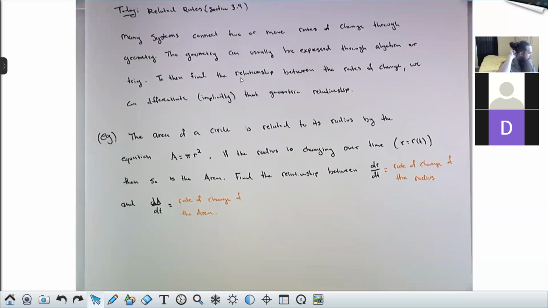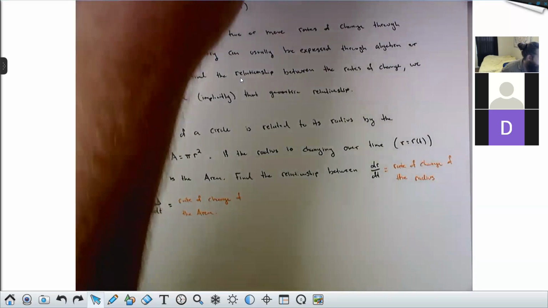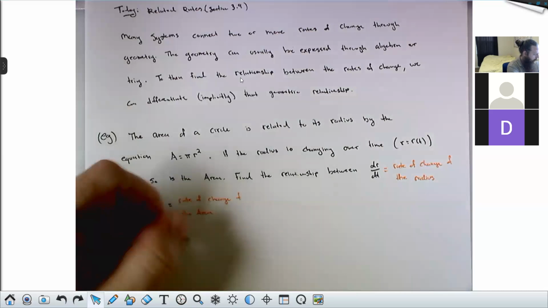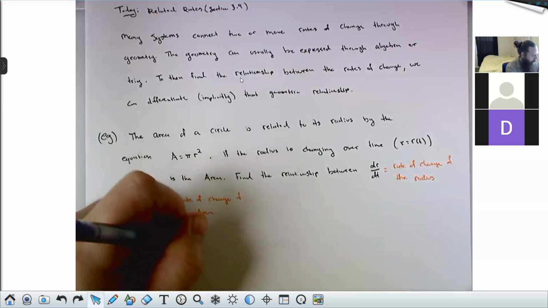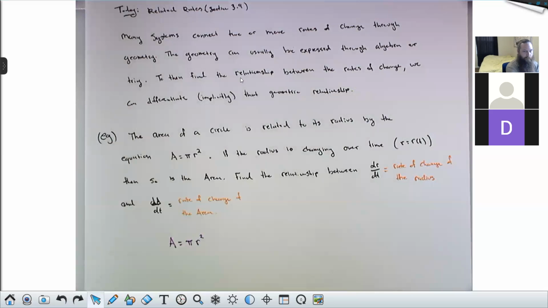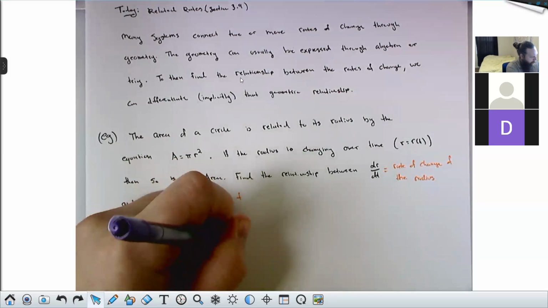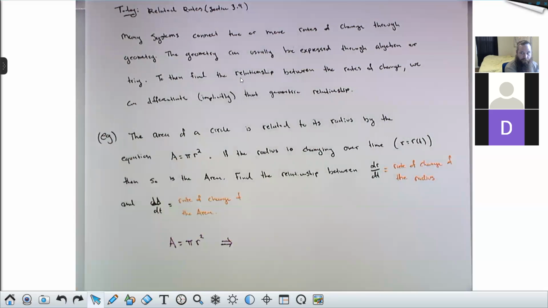Okay, so how do we do this? If you're going to study physics or engineering or anything where you apply calculus to the real world, this is your bread and butter. I begin with the equation A equals pi times r squared. And I apply the appropriate differential operator to both sides.